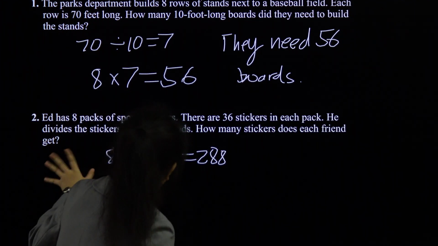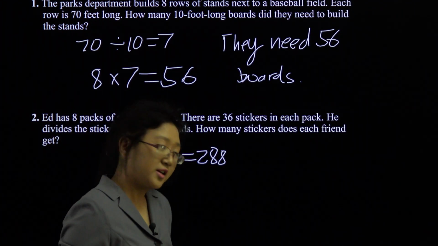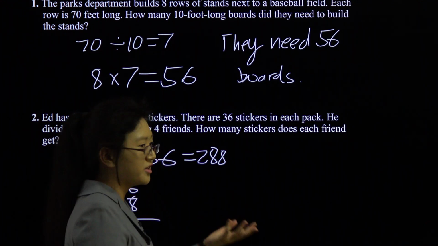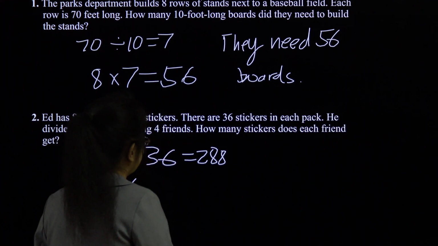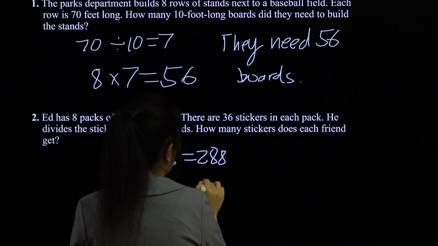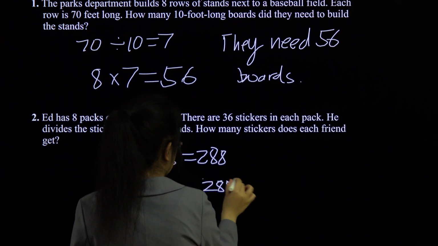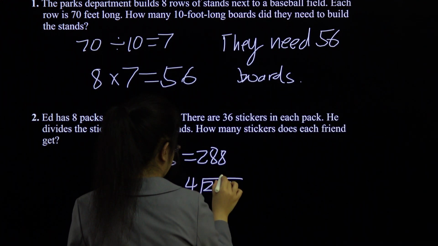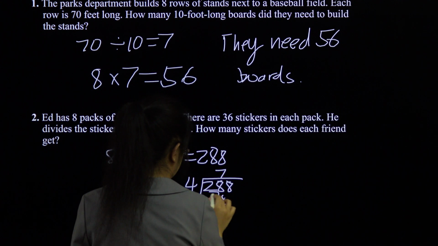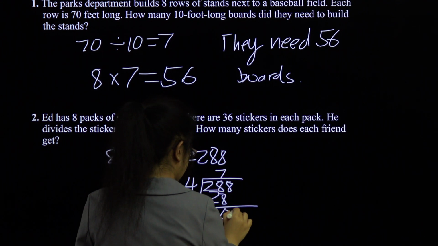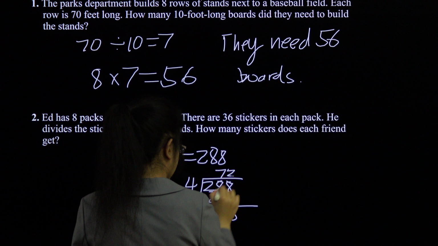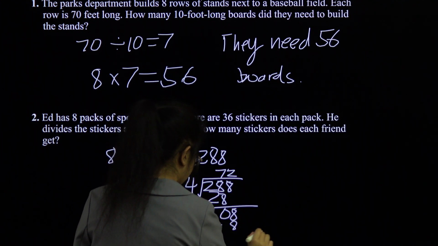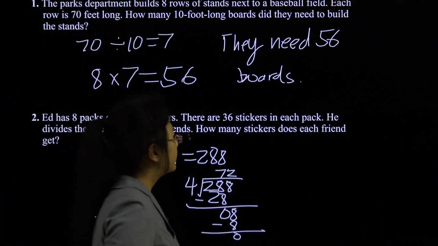Now, assuming that Ed himself doesn't get any stickers because 288 is not divisible by 5, 288 divided by 4 equals 72.